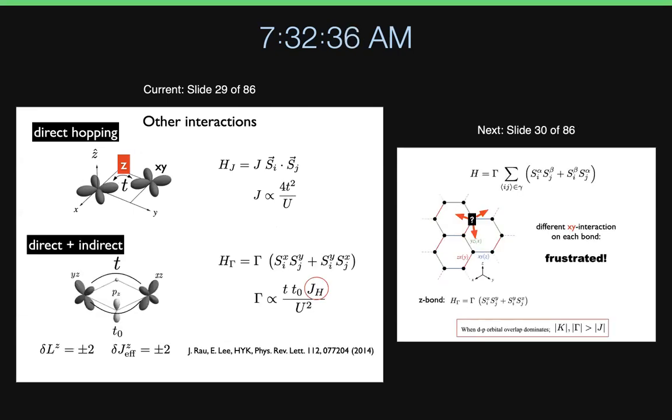In addition to that, we have also another interaction, which was missed in the earlier stage, where one can go through two processes. I call it interference, or a kind of mix between the two. In one process, I go through the direct hopping to the T. Coming back, one can go through this T-naught, which is the p orbital mediated one, and that generates the gamma interaction. It's not a Zaloshinskii-Moriya interaction.